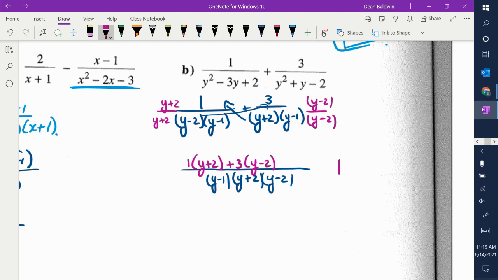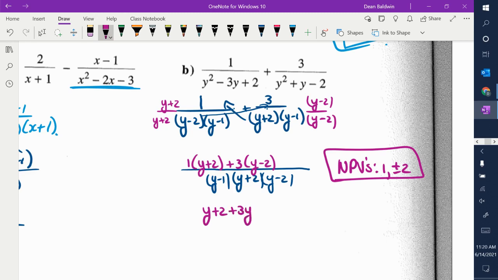Write out your NPVs. What are they? 1 and plus or minus 2. Okay, and then just combine your like terms. Well, FOIL it out and combine your like terms. So y plus 2 plus 3y minus 6.